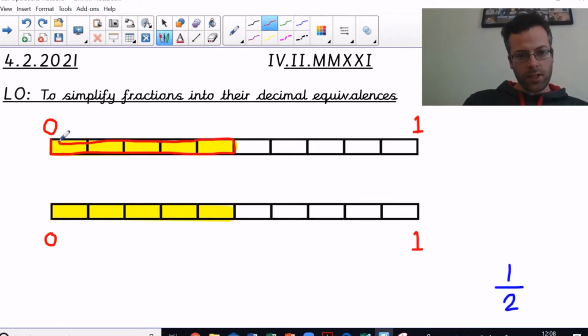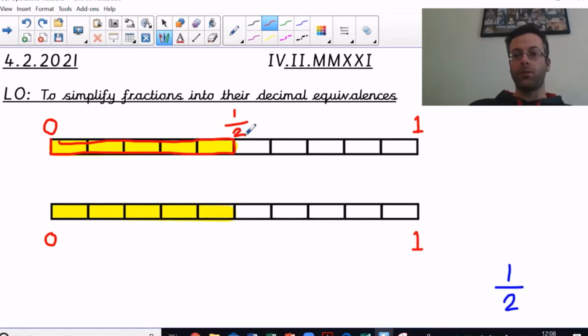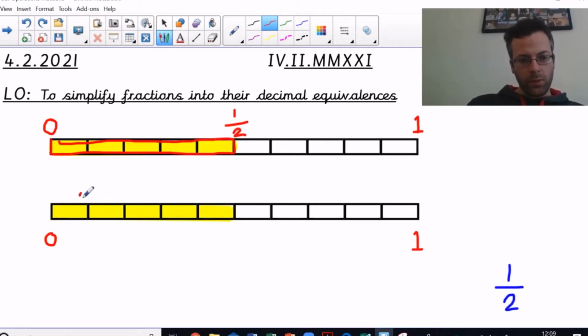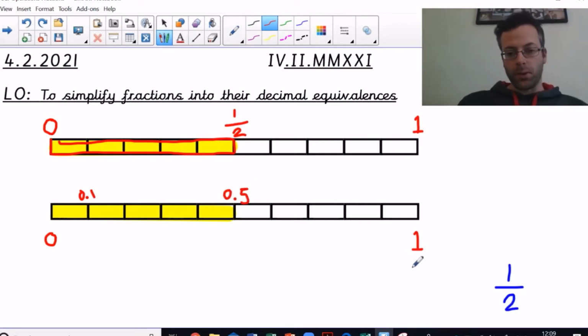I have just shaded in 1/2. Now we said on the previous slide that each one of these was 0.1, so we've got 0.1, 0.2, 0.3, 0.4, 0.5. Okay, so the second fraction that it's really important to remember is that a half is 0.5.